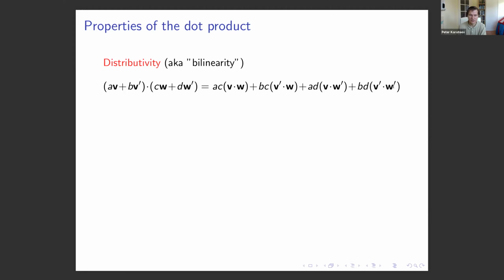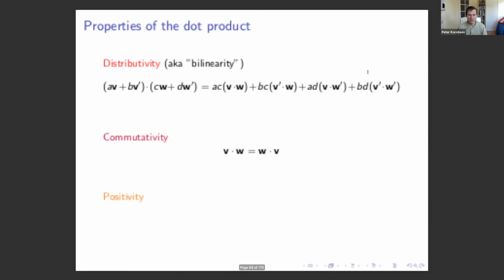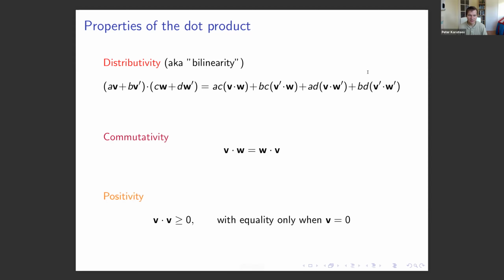Whenever you have vectors, you put the dot product. It is commutative, so v dot w is equal to w dot v. And it's positive: a vector dot product with itself is always non-negative, and it equals 0 only when the vector v is equal to 0.